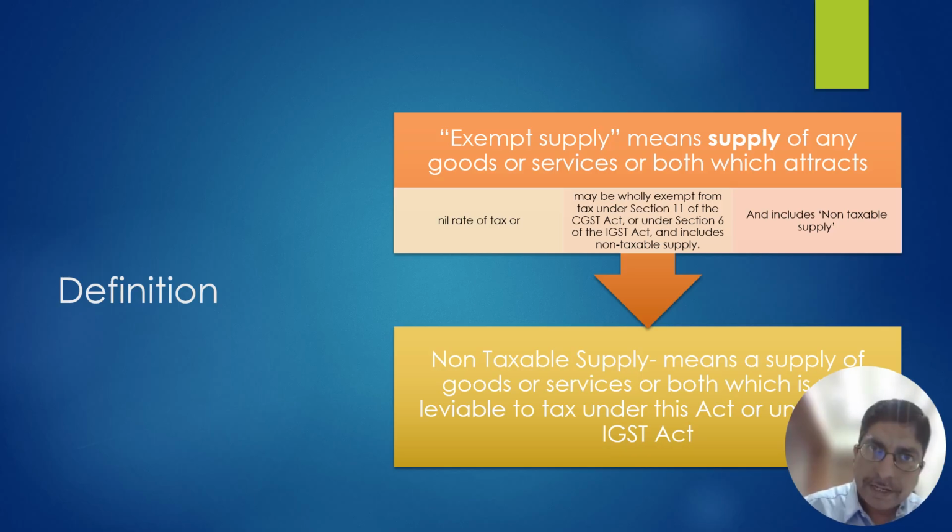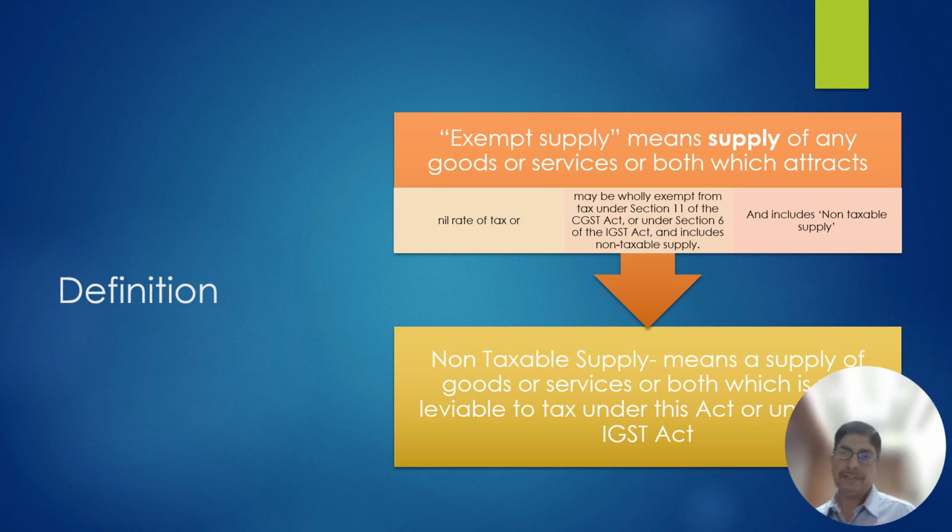No, non-taxable supply is still a supply. A transaction which is not a supply is not an exempt supply. So schedule 3 transactions are neither supply of goods nor supply of services, and are not exempt supply. There is a difference between exempt supply and schedule 3 transactions.